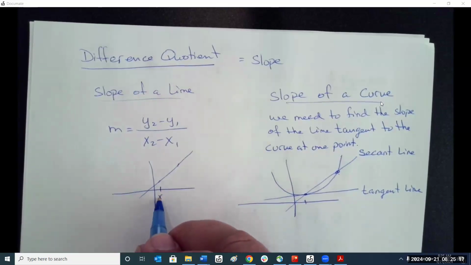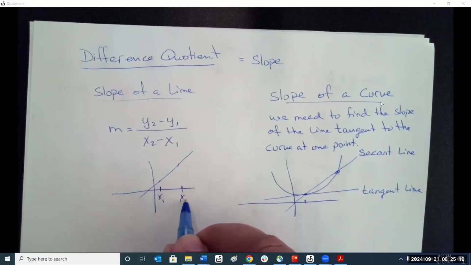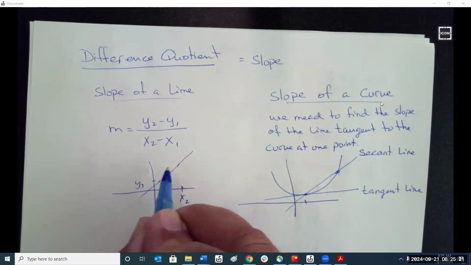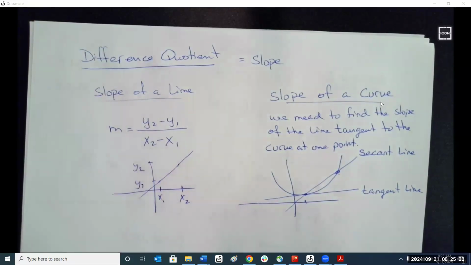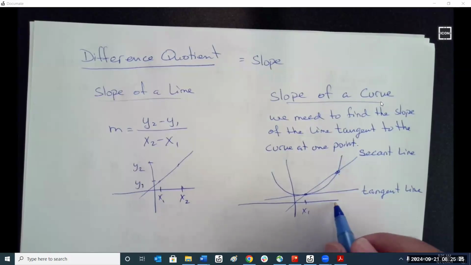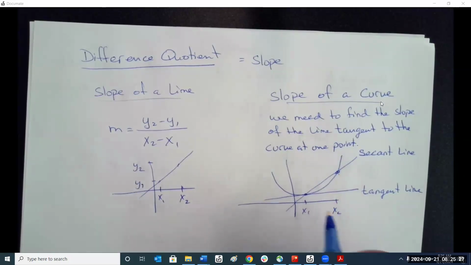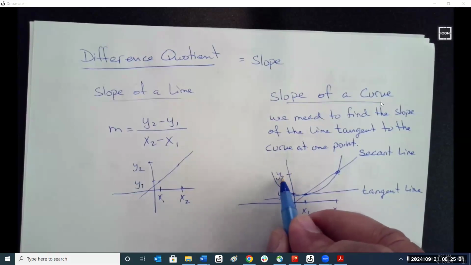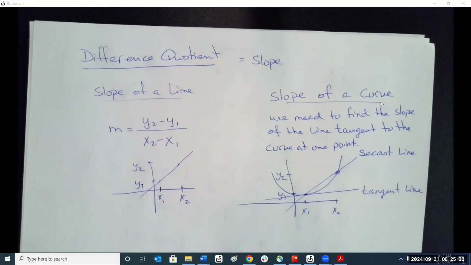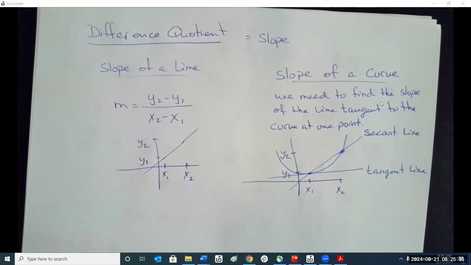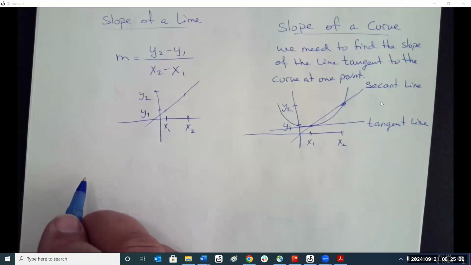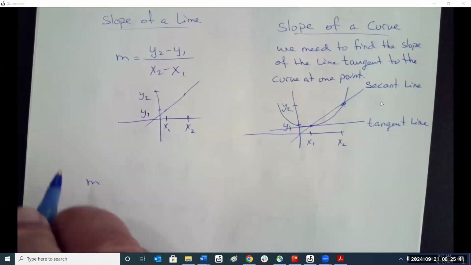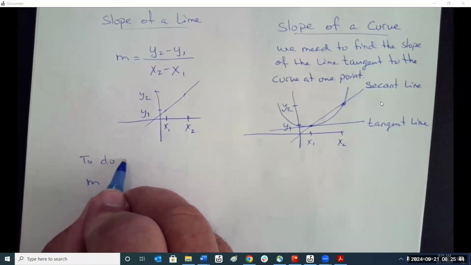So here we have x1, x2, y1, y2. Let's see how we're going to do this.